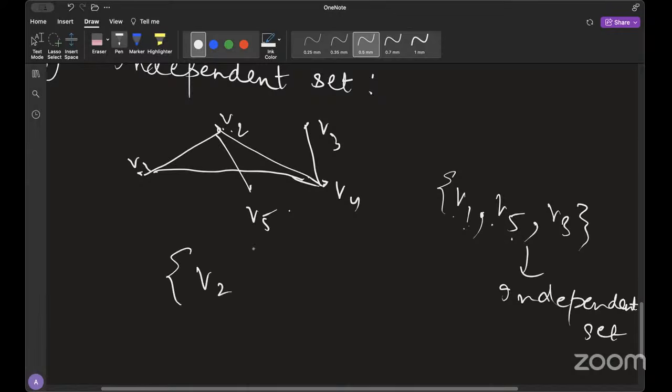If you start with V2, then you can only have V3, because there's only one vertex with which V2 does not share an edge. With all the others, it does share an edge, right? So only V3 is possible here. This is also an independent set.